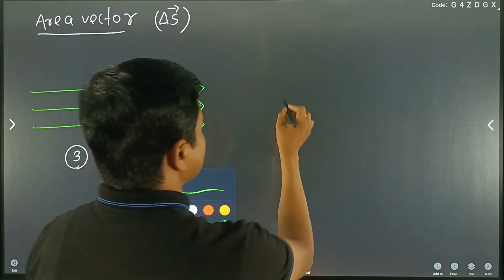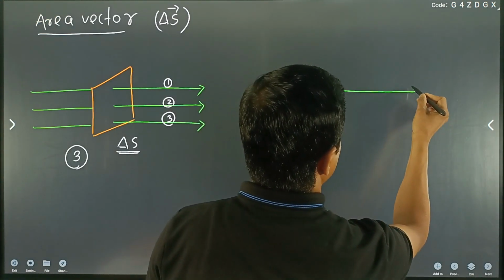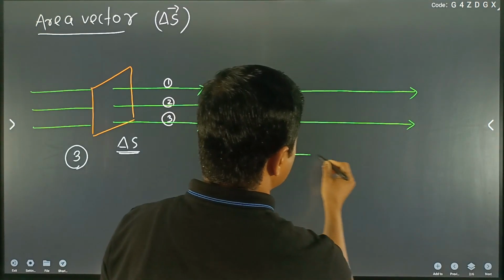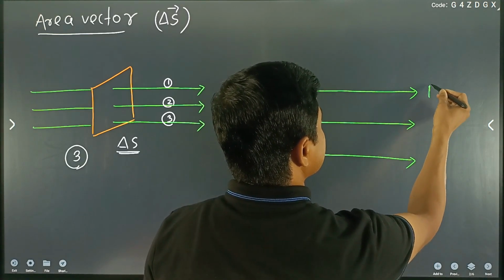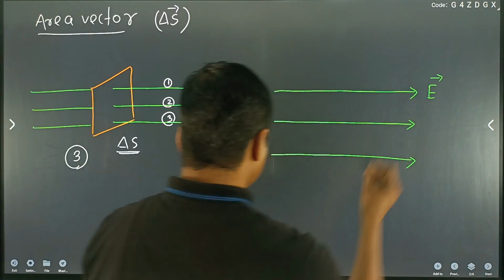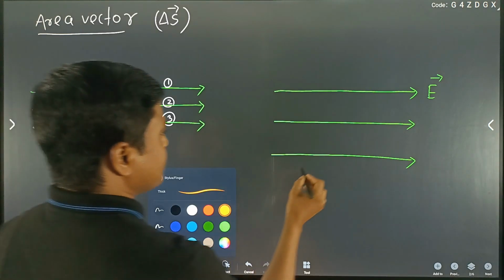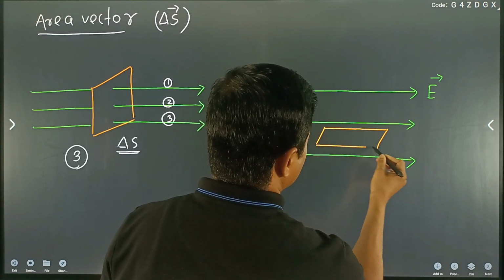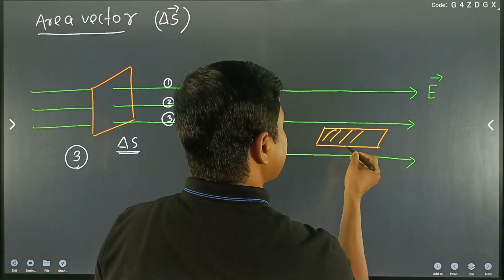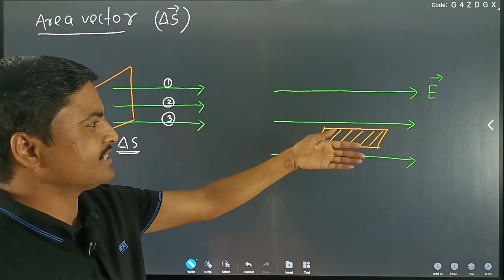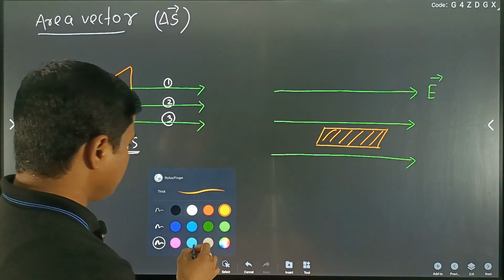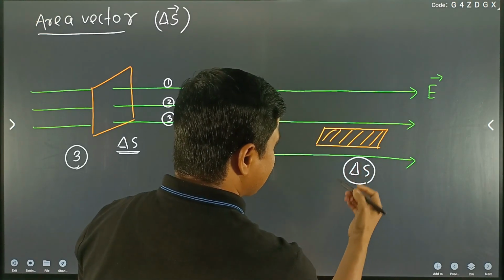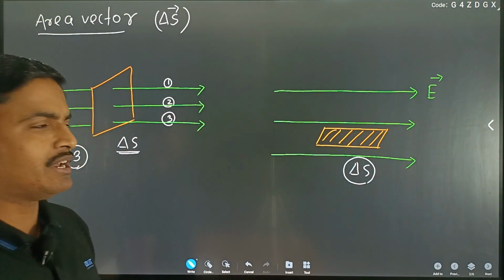Suppose another case is there. These are the electric field lines, and all are, suppose, parallel to each other. That means this is the direction of the electric field, and this one is the small area element. Here del S is parallel to the direction of the electric field lines.